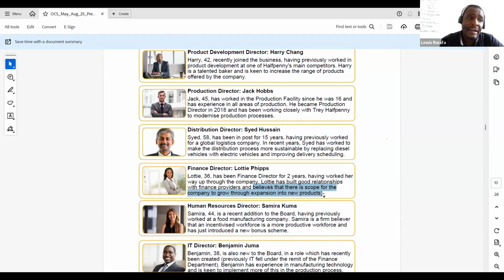So they are currently using incremental budgeting. Now, if they're going to expand into new products, should they continue using incremental budgeting? The examiner is keen to know what other budgeting techniques can be used by Halfpenny.